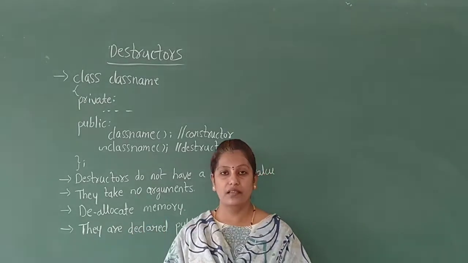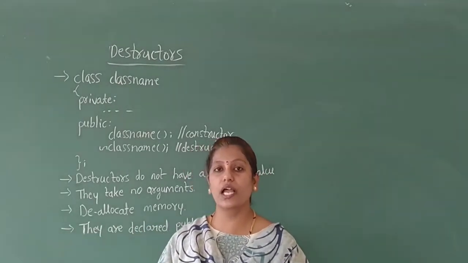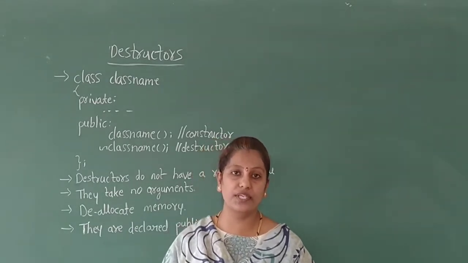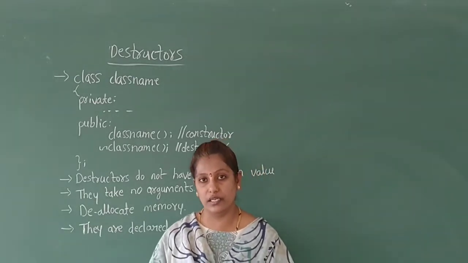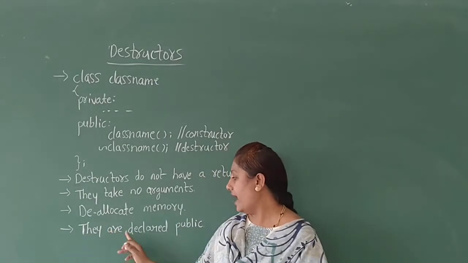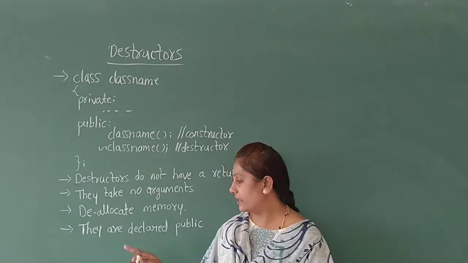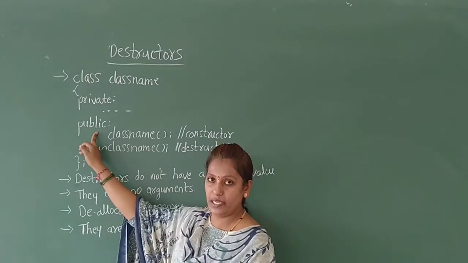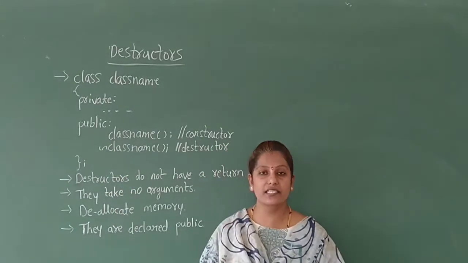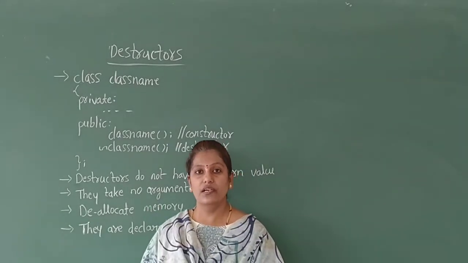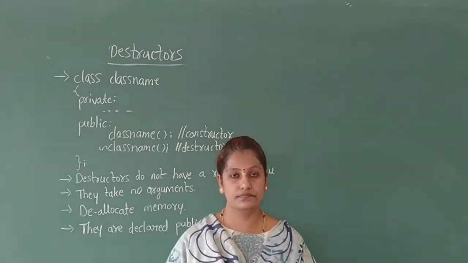Destructors are used to deallocate memory that was allocated for the object by the constructor. They are declared in the public section, which means they have the public access specifier. These are the key points of destructors.